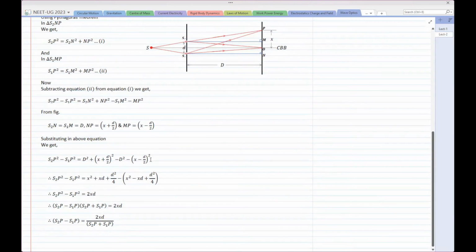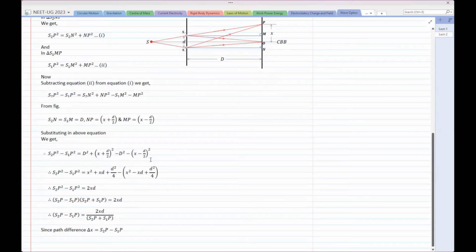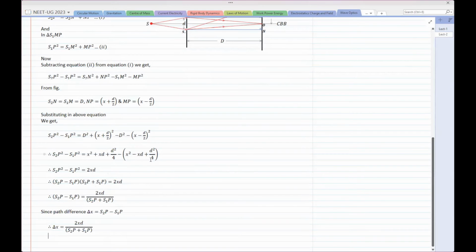Now, since the path difference delta x is S2P minus S1P, we can write delta x is equal to 2xD upon S2P plus S1P. Now, what is S2P plus S1P?